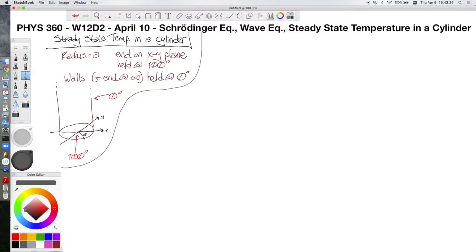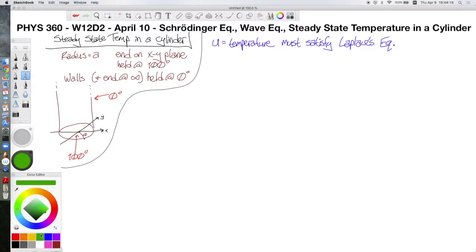So if we want a steady state temperature, that means we're going to need to use Laplace's equation. Because we're dealing with a cylinder here, it makes sense to use cylindrical coordinates.